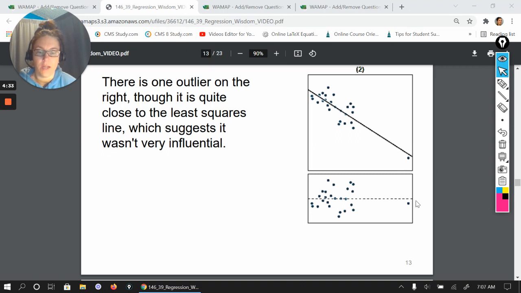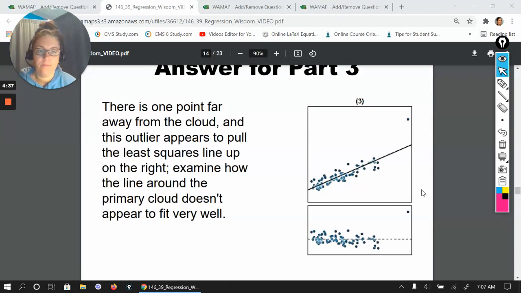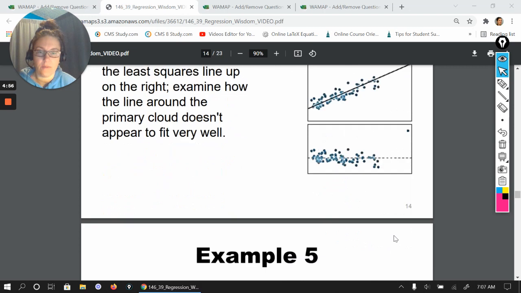So we got that one right too. And then part 3, there is one point far away from the cloud, and this outlier appears to pull the least squares line up on the right. So examine how the line around the primary cloud does not appear to fit very well. Okay, got that one too.